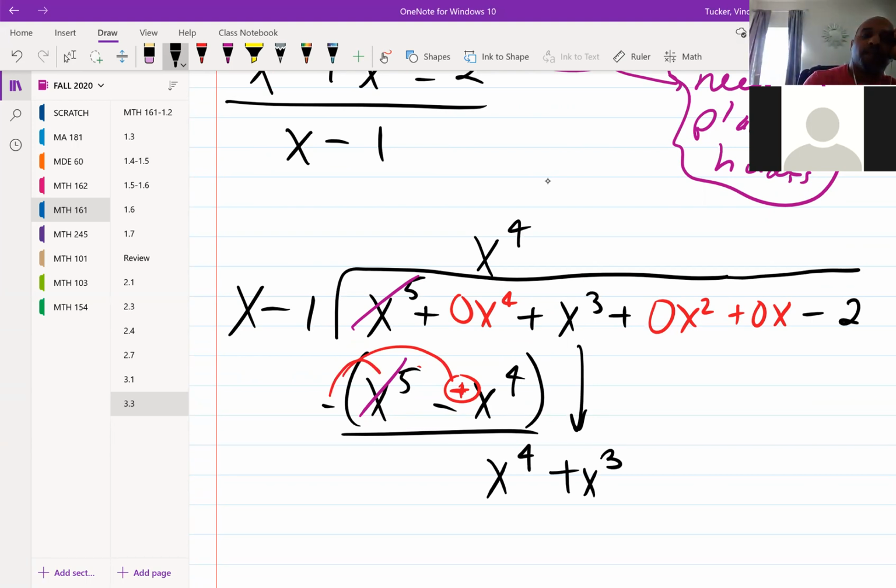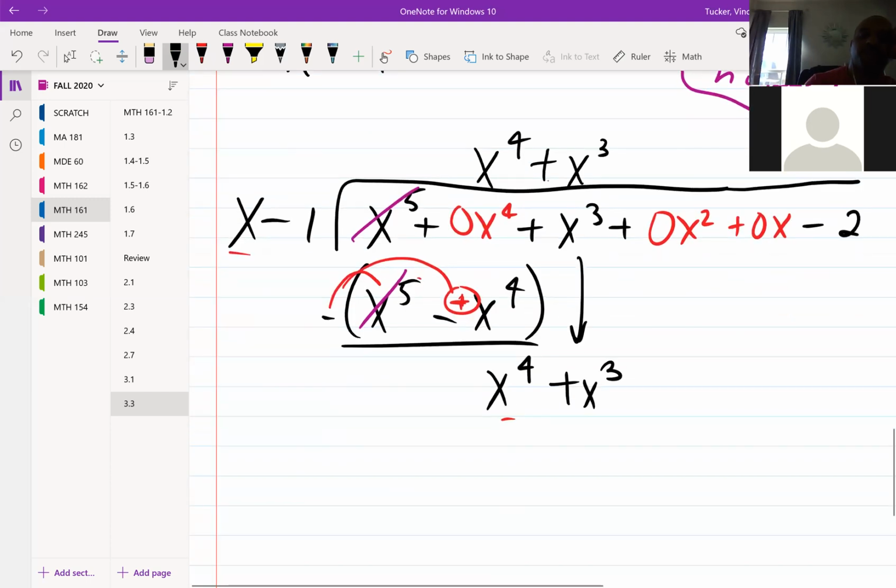So you say what times x will give me x to the 4th? That's going to be x cubed. x cubed times each term: x to the 4th minus x cubed. Distribute.